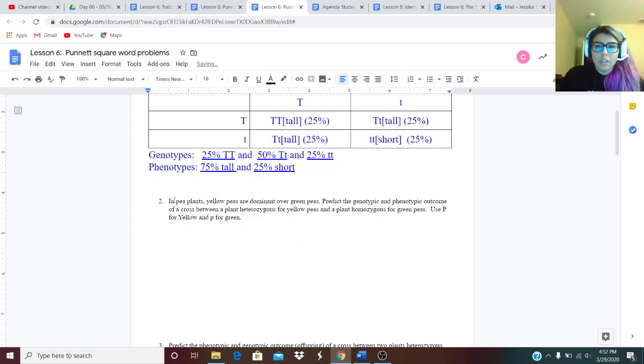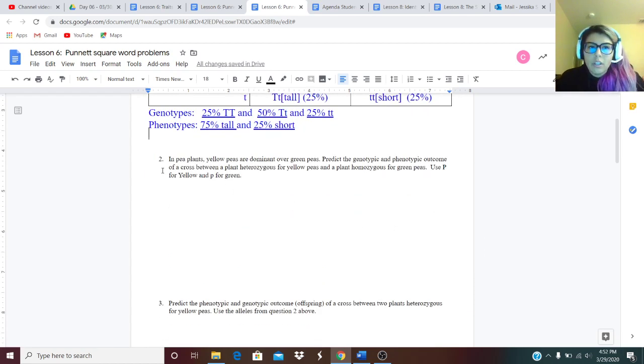So I'm going to just move down to number 2. In pea plants, yellow peas are dominant over green. Predict the genotype and phenotypic outcome of the cross between a heterozygous for yellow peas and homozygous for green peas.